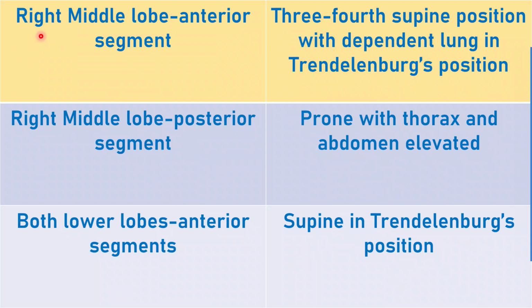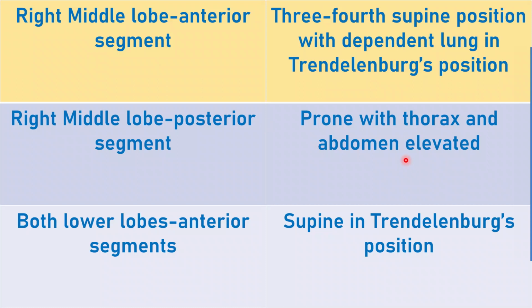If you are draining for the right middle lobe anterior segment, you can place the client in 3/4 supine position with dependent lung in Trendelenburg position. For the right middle lobe posterior segment naman, you can place your client in prone with thorax and abdomen elevated.